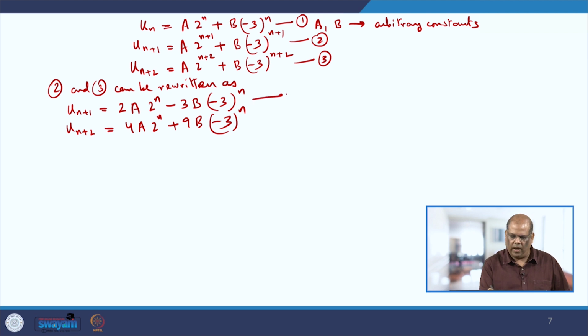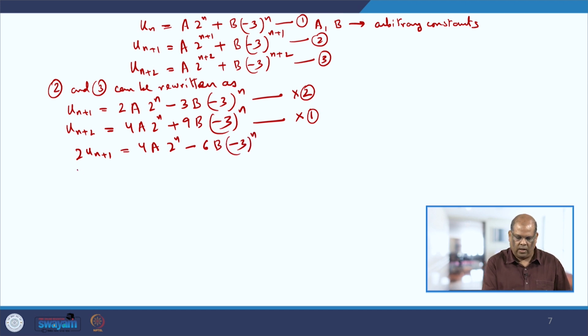So, you multiply the first equation by 2 and the second equation by 1, and you get 2u n plus 1 equal to 4a 2 to the power n minus 6b into minus 3 to the power n, and u n plus 2 equal to 4a 2 to the power n plus 9b into minus 3 to the power n.